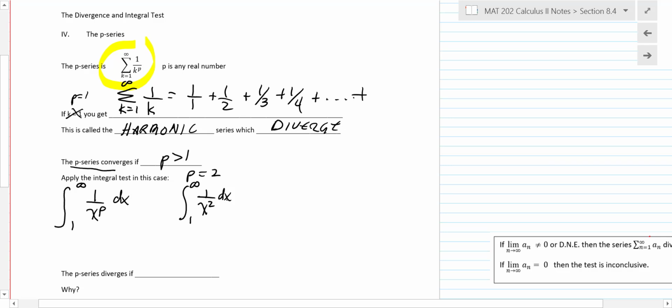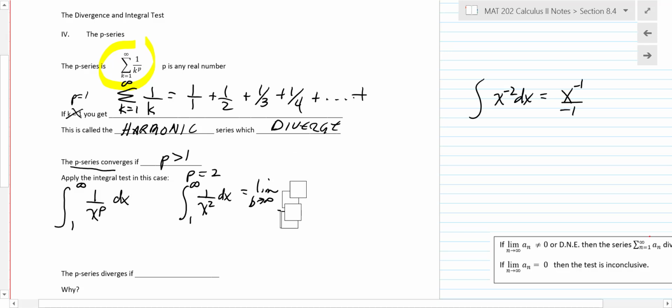You would be able to do that with ease. The integral of 1 over x squared would give you x to the negative 1 over negative 1. So this would give you the limit as b goes to infinity, from 1 to b.